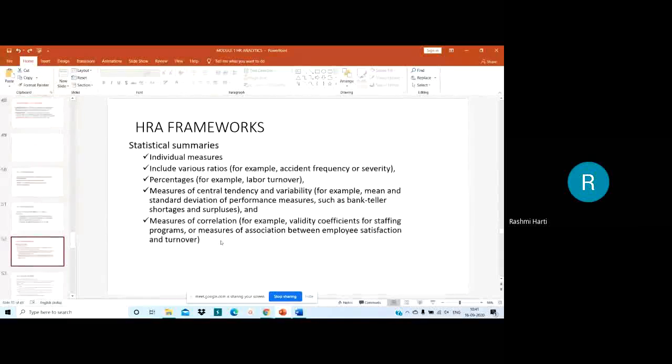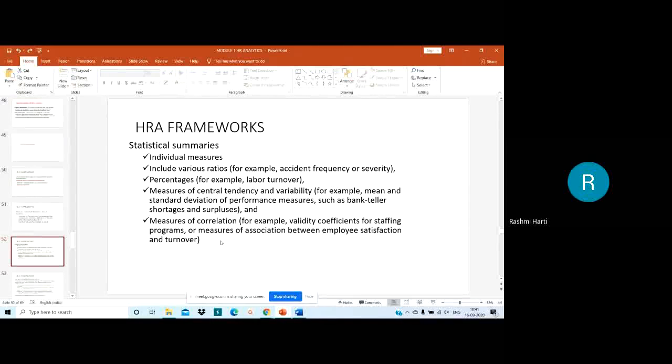Then statistical summaries speak about individual measures, right? This includes various ratios, for example accident frequency and severity ratios. Here I'm speaking about HR ratios, not financial ratios. Then percentages, for example labor turnover and absenteeism rate, are calculated.